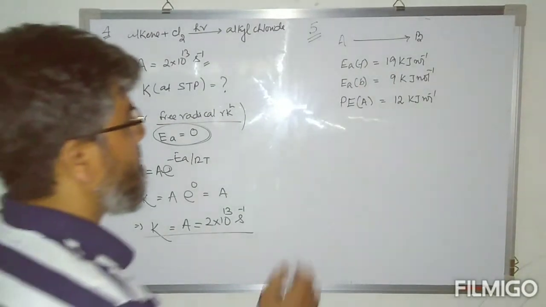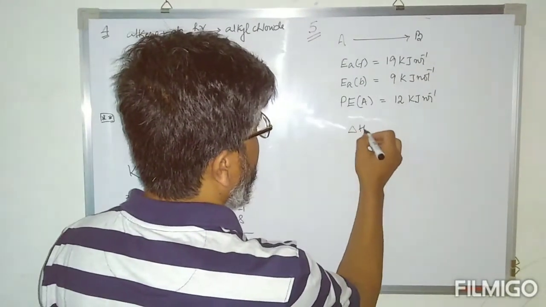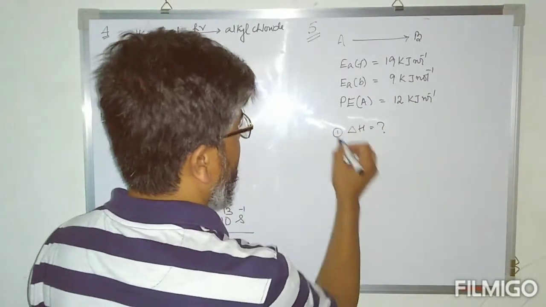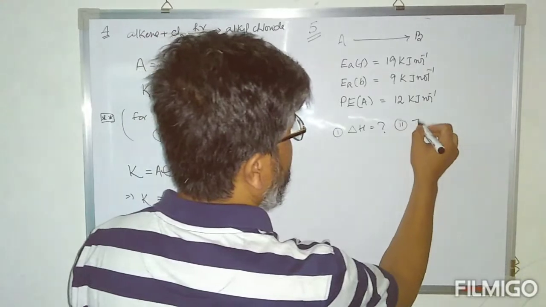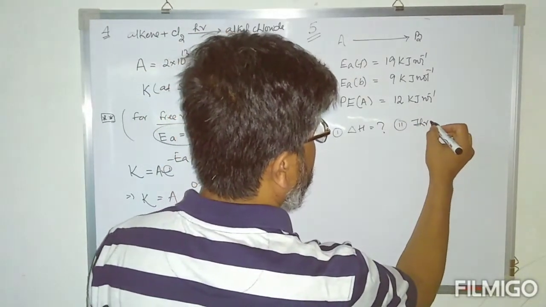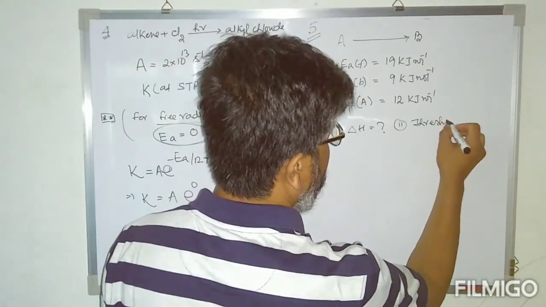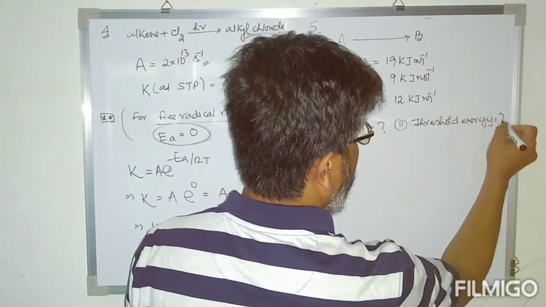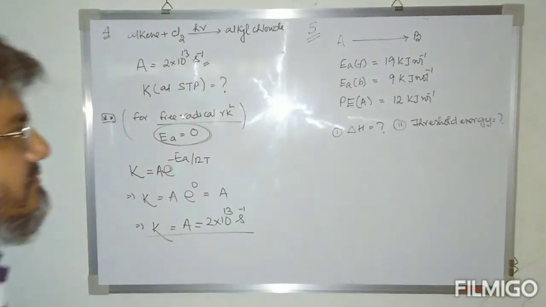The question says find the enthalpy of reaction first. The second says what is the threshold energy of the reaction. Threshold energy.